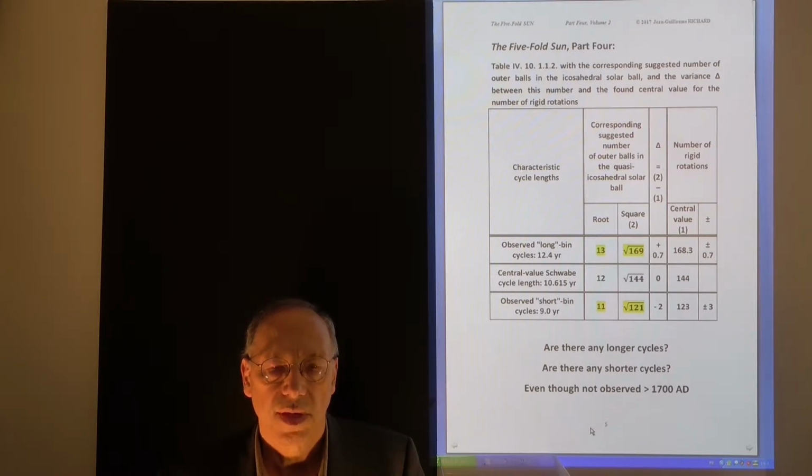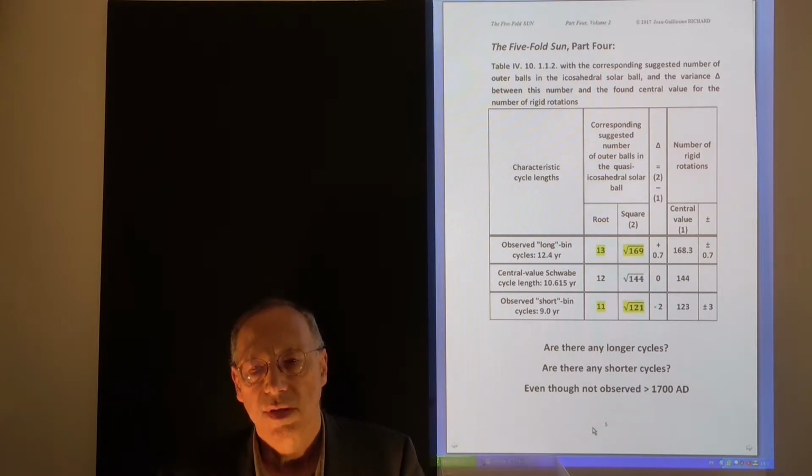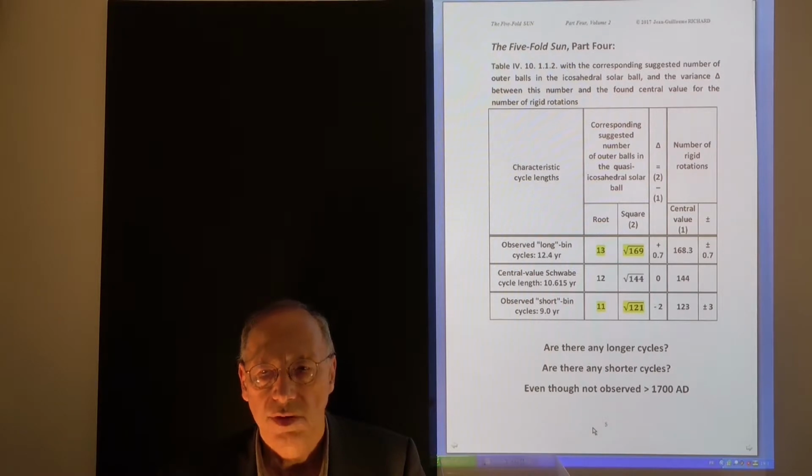So in all three cases we would have square numbers of respectively, for the standard value, 12 balls, 12 interpreted as a number of balls partitioning the solar sphere, as introduced here in part 2, and then by analogy 13 balls for the long cycles and only 11 balls for the short cycles.